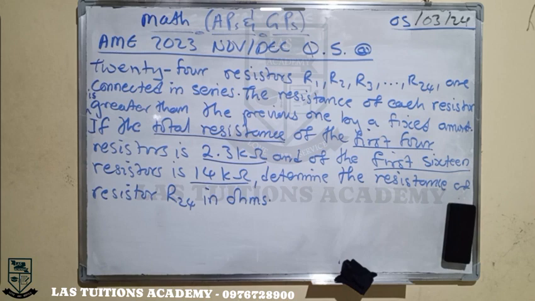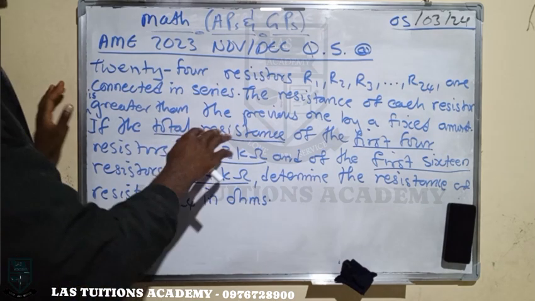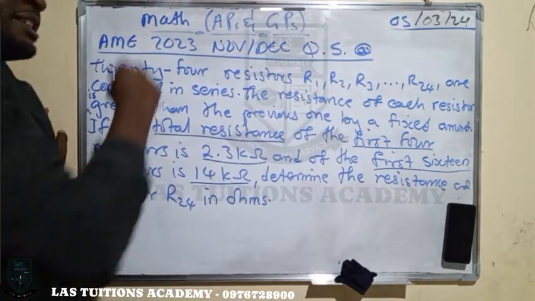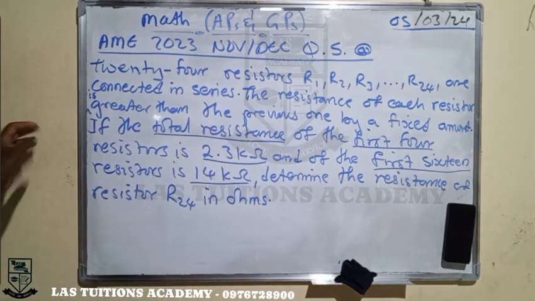Liseli, what makes a GP a GP? How do you know this is a GP? Common ratio. Now, from this question, what are you getting? Are you getting anything related to a common ratio or anything related to a common difference when you read out the question? What are you getting?